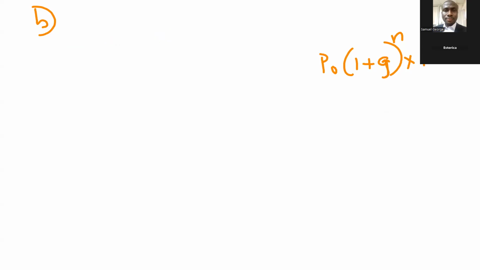Now, the examiner is asking for this G, the minimum growth rate in share price. That is the growth rate they are asking us to calculate, so we would find it in the formula for the conversion value.